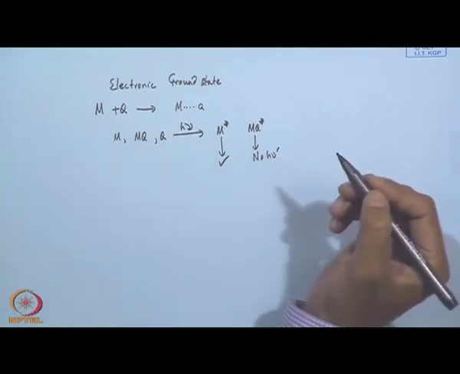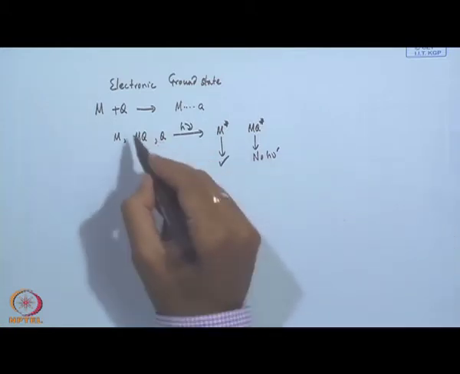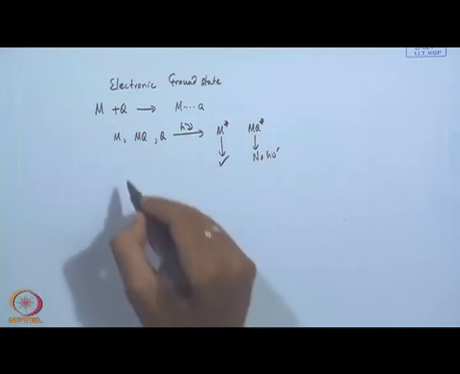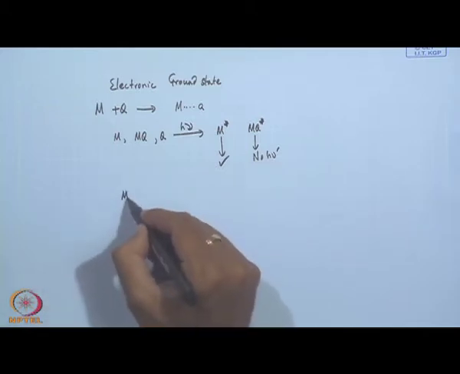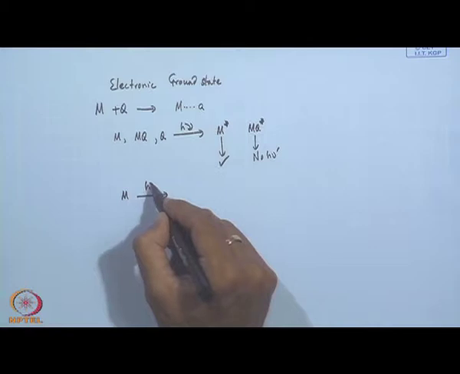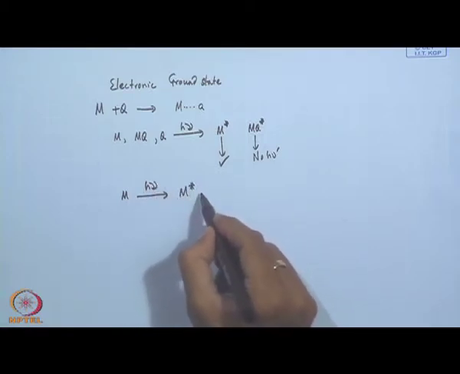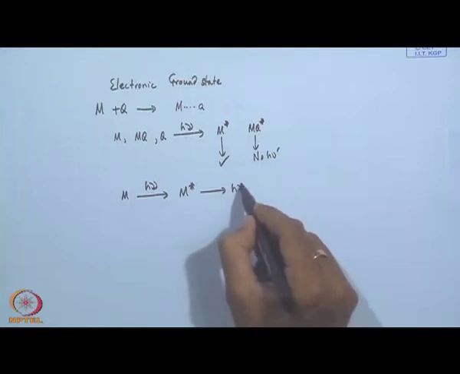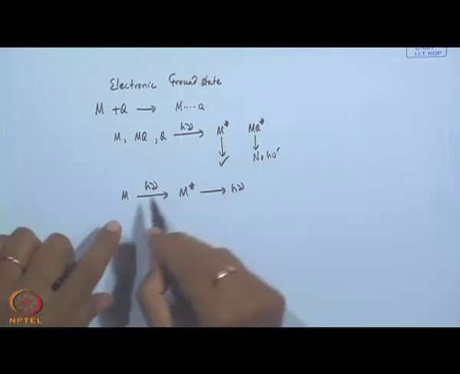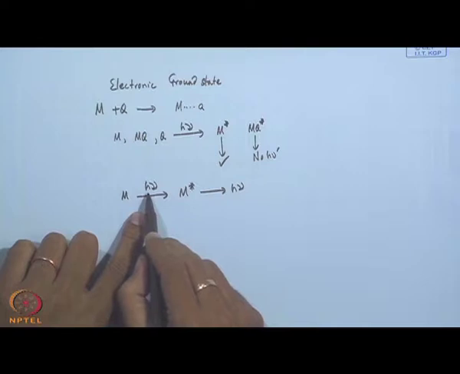In the absence of any quencher, your situation was like only M star, then h nu prime. Suppose you are not changing the intensity of the incident light.